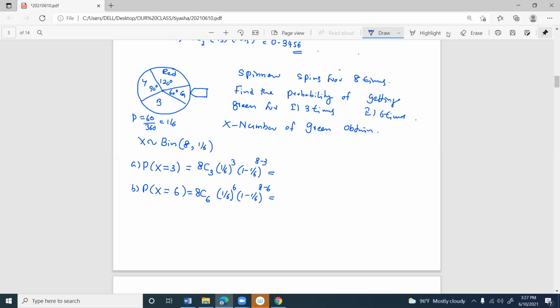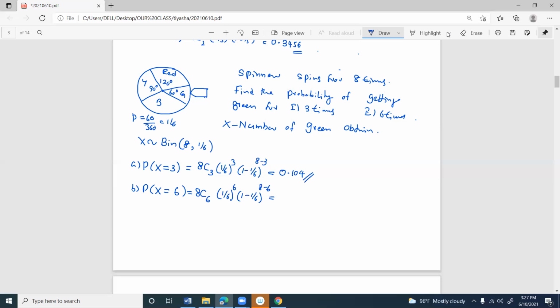Okay, then you can get this probability. If I put in these values, 8C3 times (1/6) to the power 3 times (5/6) to the power 8 minus 3, which is 5, it turns out to be 0.104.